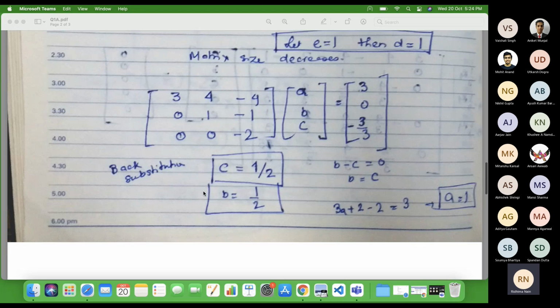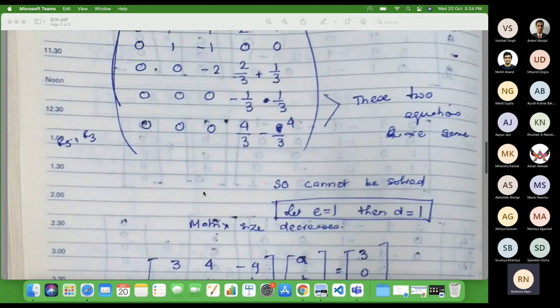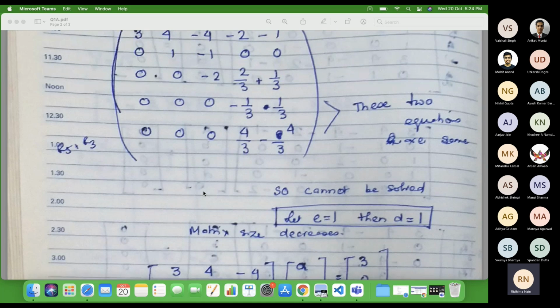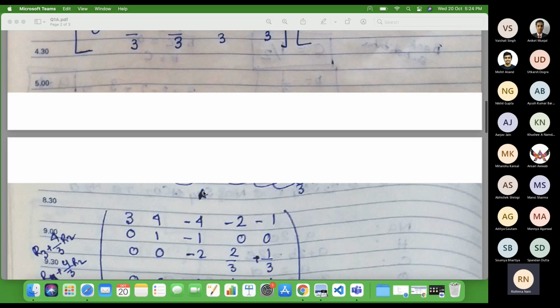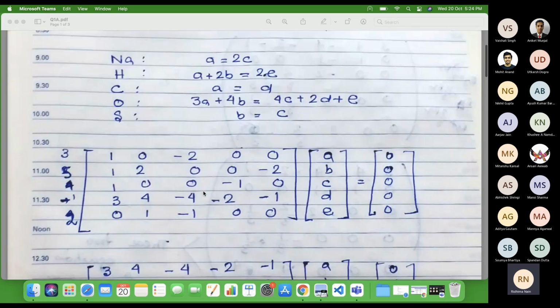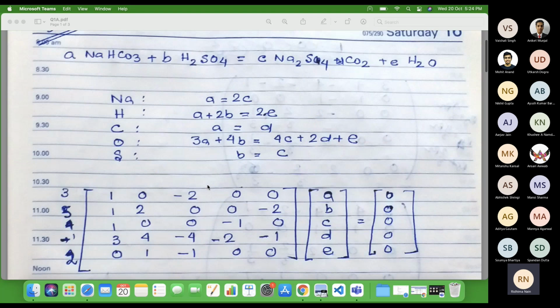So 5 marks for calculating the correct values, 2 marks for mentioning that these 2 equations are not independent, 15 marks for the whole calculation, the Gauss elimination, etc. And 2 marks for pivoting, 1 mark for setting up the correct equations. So that was the distribution for 1A.